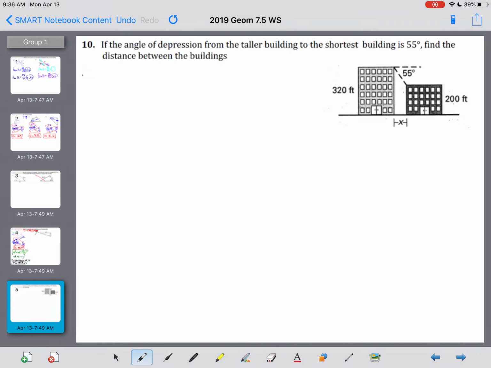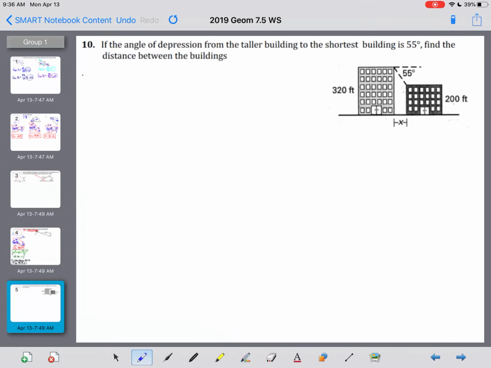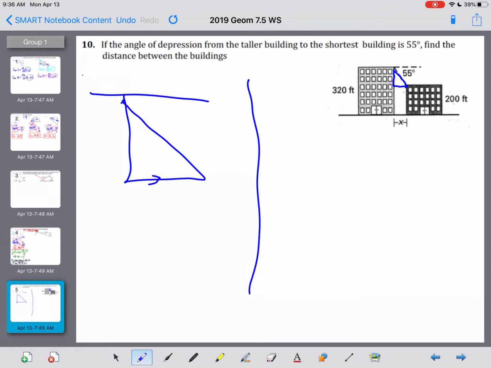Our last problem here, applied problem, is talking about two buildings in close proximity to one another. We're actually looking at this little triangle right here. And remember, I've got this triangle right here. And if I have this parallel to that, if this is 59 degrees, then this is 59 degrees using our alternate interior angles theorem with parallel lines.